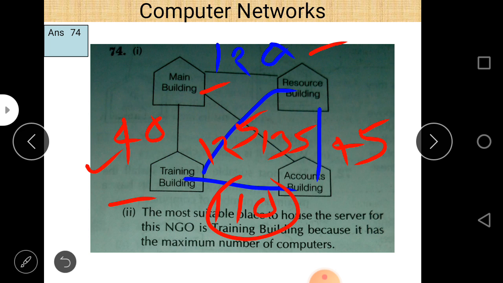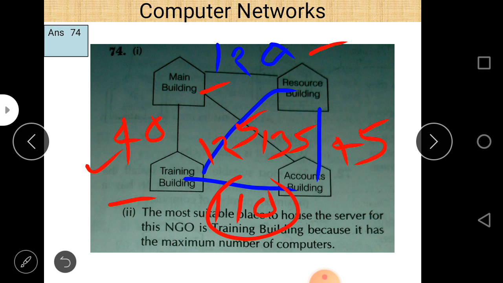Since the training building works as a server room, you can connect the training building directly to other buildings. But as we can see in the answer, the main building is directly connected to the account building. And in the last part, the resource building and account building distance is 45 meter, and it is eliminated.